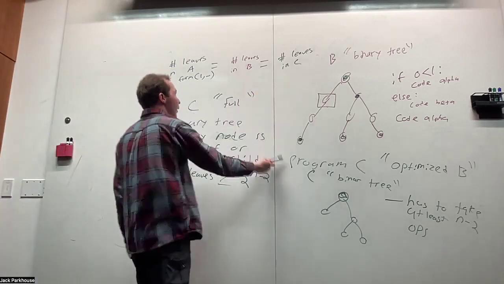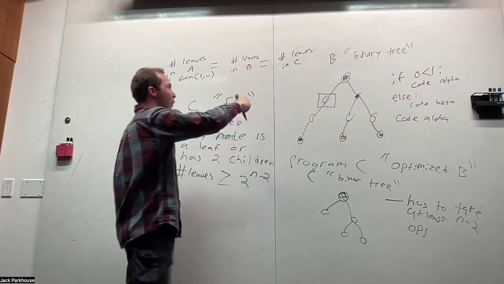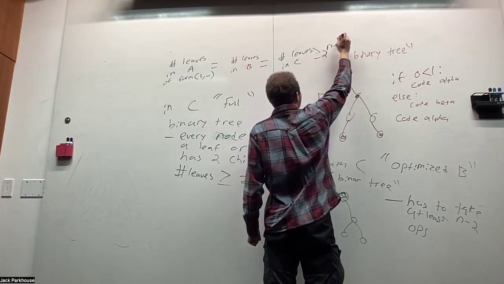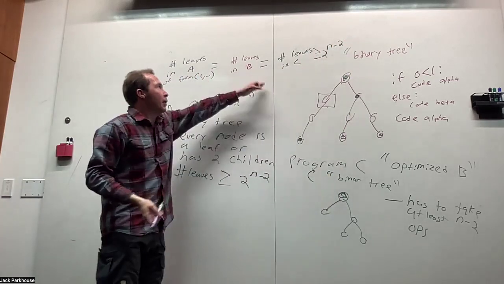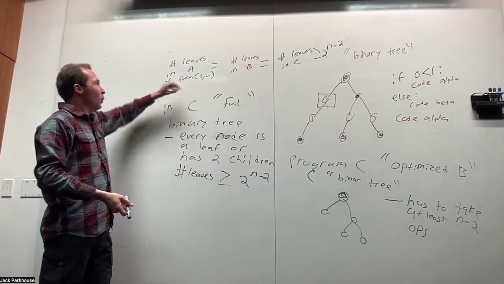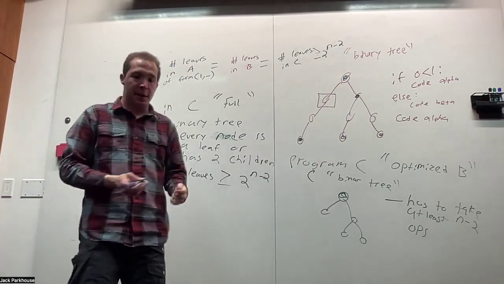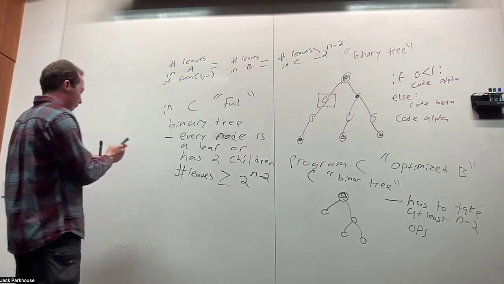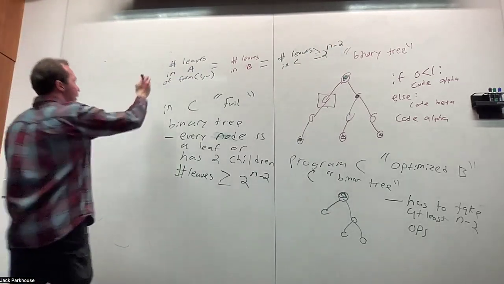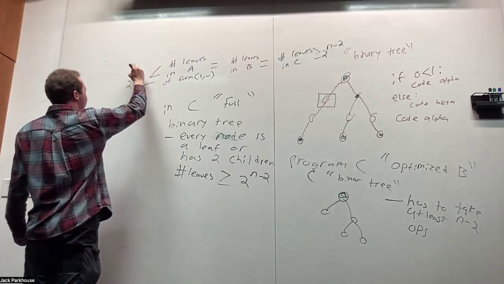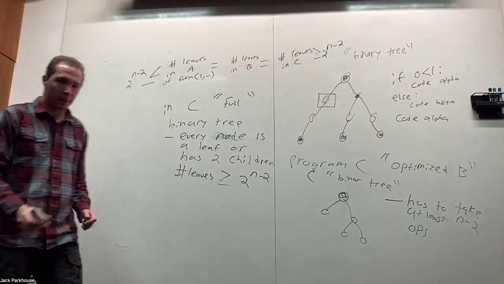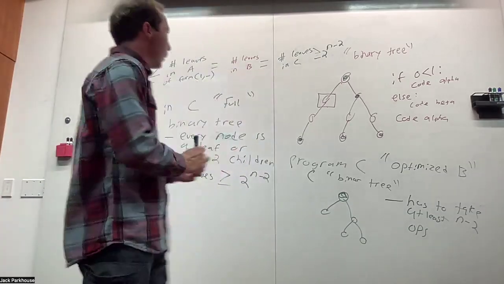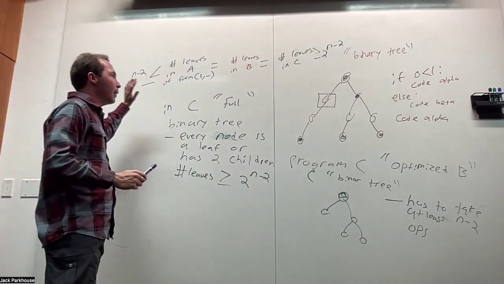So coming back up here, the number of leaves in C has to be greater than or equal to 2 to the n-2, which is how, using this equality, we get that the number of leaves in A of this form has to be at least 2 to the n-2. From here, that's, I believe, part A.